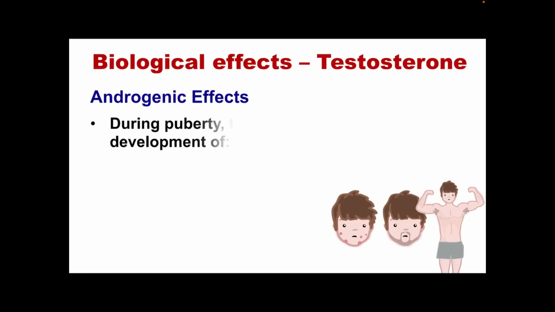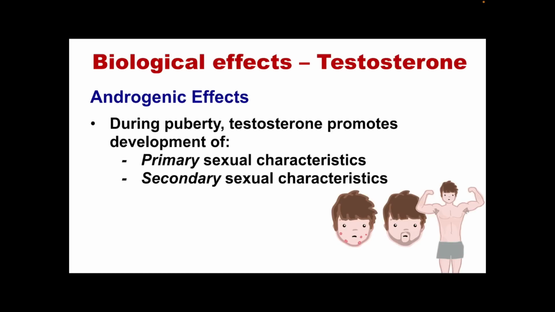During puberty, the androgenic effect of testosterone promotes the development of primary sexual characteristics such as the enlargement of the penis, the scrotum, and the testes, and also secondary sexual characteristics like changes in the male body shape, the axillary and pubic hair, the deeper pitch of the male voice, and the thickening of the skin. Those are all because of these androgens.